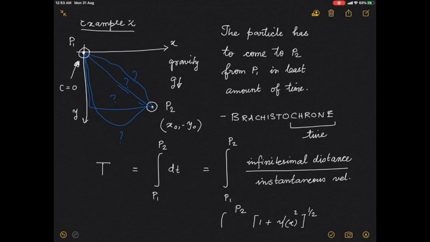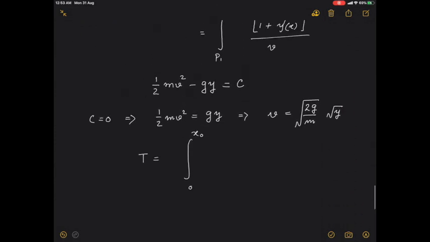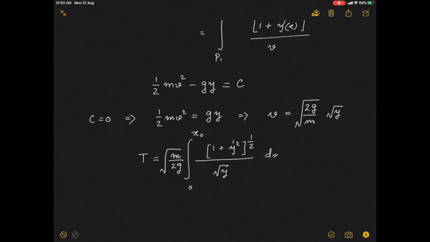So P1 is at 0 and P2 is at x0. And then I have in the numerator 1 plus y prime square to the power half. In the denominator I have v, and I can take these constant terms outside, m by 2g, and what remains is root over of y, and I have to integrate over x.